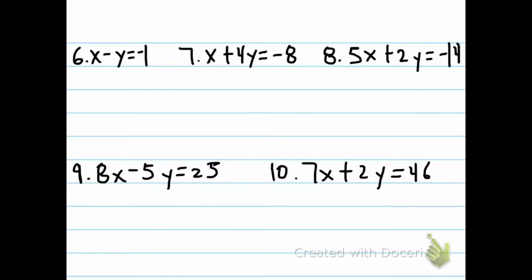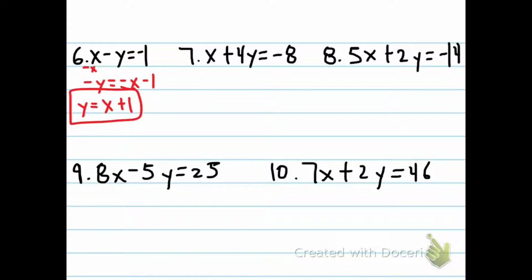Grab some paper, pause this video, and try solving these problems on your own. So for number 6, subtract negative x from both sides, and then change the sign of everything. So y equals positive x plus 1.